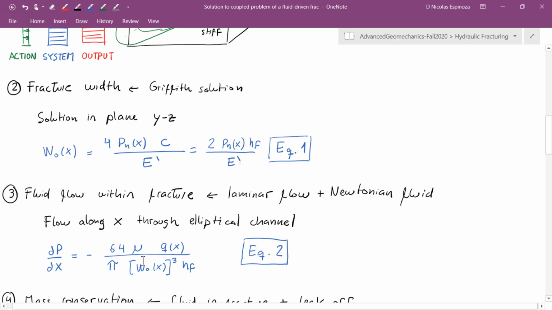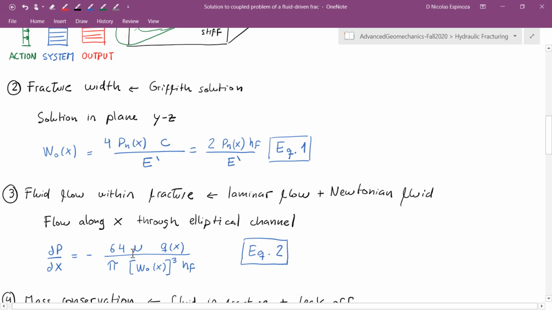Probably you are familiar with the solution of fluid flow between two parallel plates. And this solution is very similar, but instead of fluid flow between two parallel plates, now we have fluid flow through an elliptical channel of constant width.